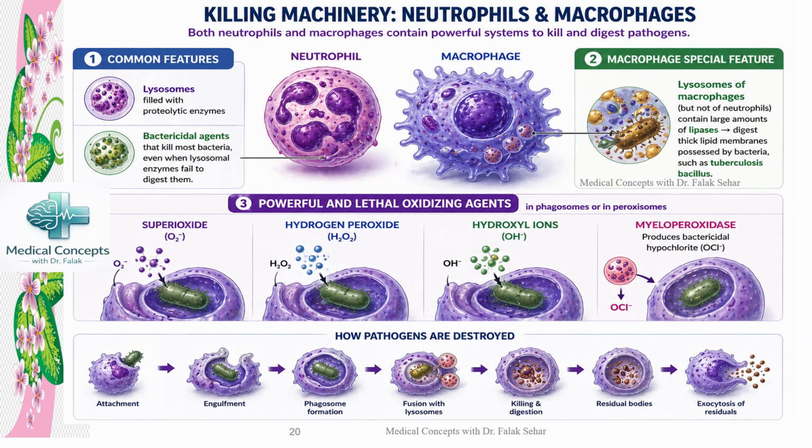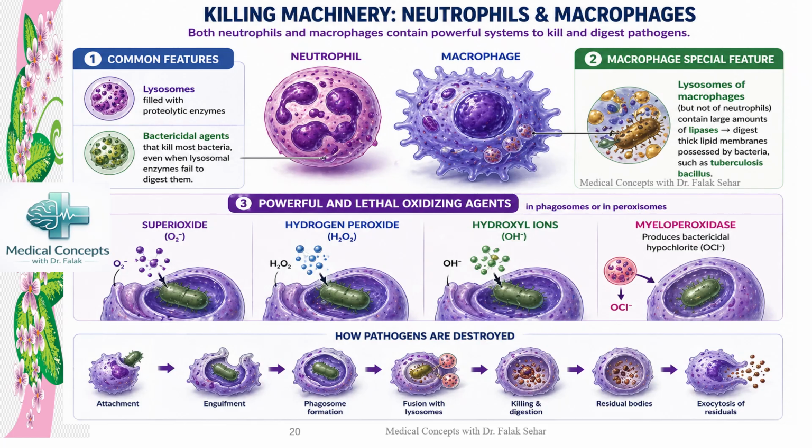Both neutrophils and macrophages possess powerful mechanisms to destroy invading microorganisms after phagocytosis. First, the lysosome fuses with the phagosome and releases proteolytic enzymes that digest pathogens. They also contain potent bactericidal substances that kill microbes even before enzymatic digestion is complete.